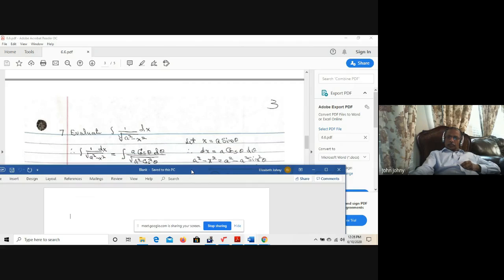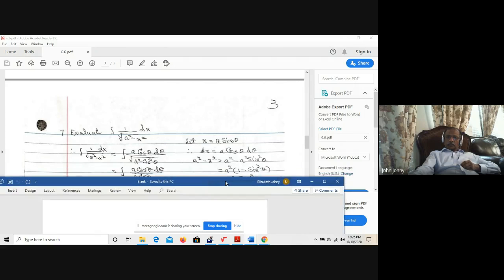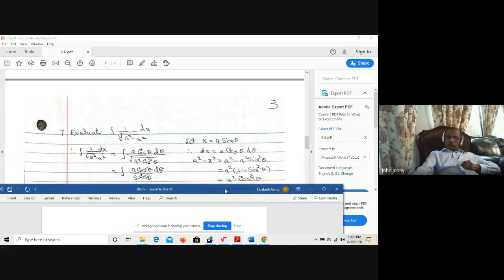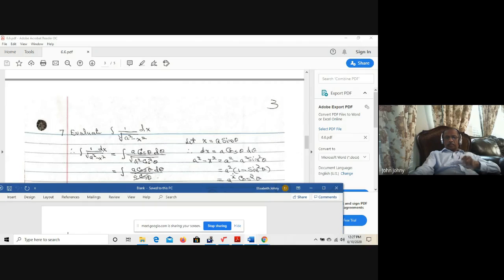So a square minus x square is a square minus a square sin square theta, that is a square times 1 minus sin square theta, that is a square cos square theta, because 1 minus sin square theta is cos square theta.